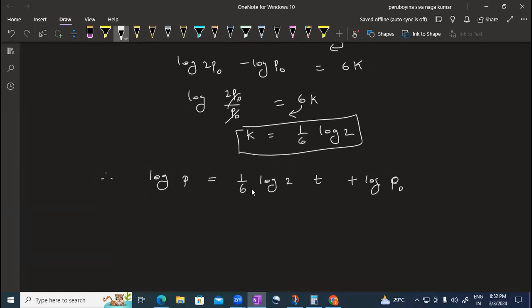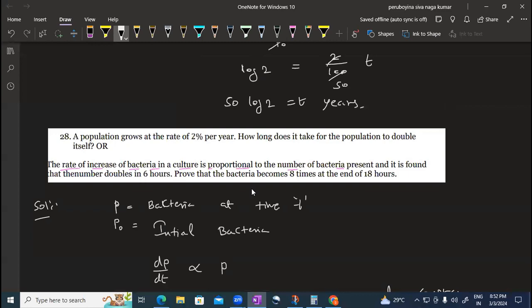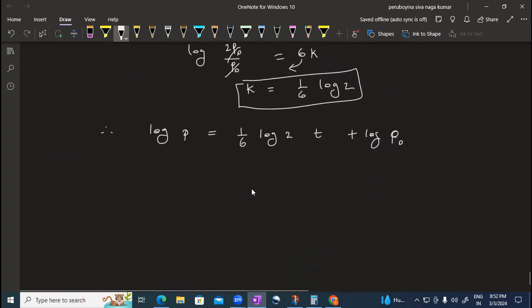Now what? He is asking triple. The question says we have to show that 8 times it will be in 18 hours. 8 times means what? P value will be 8 times, 8 P naught. And T, we have to prove that it is 18. So make it a question mark, and then you can prove what he mentioned.